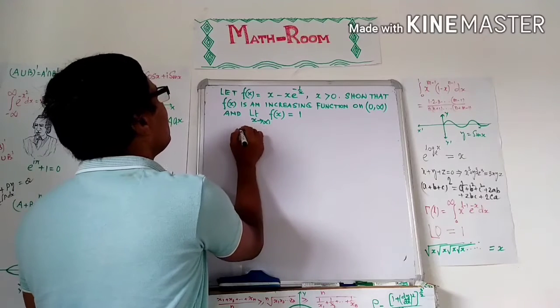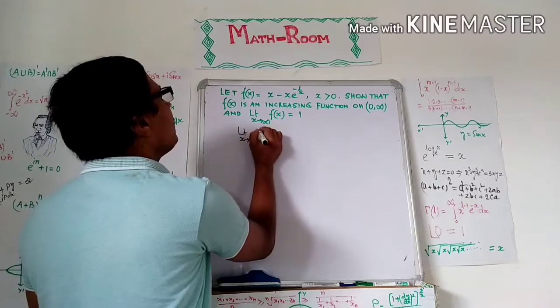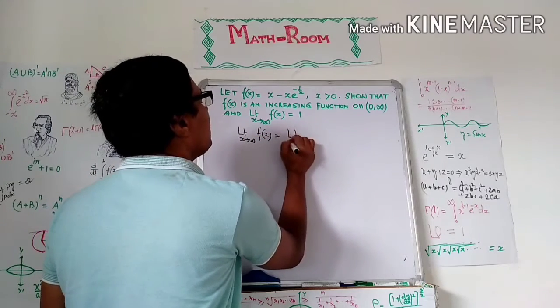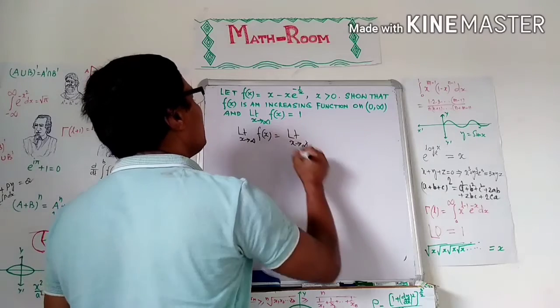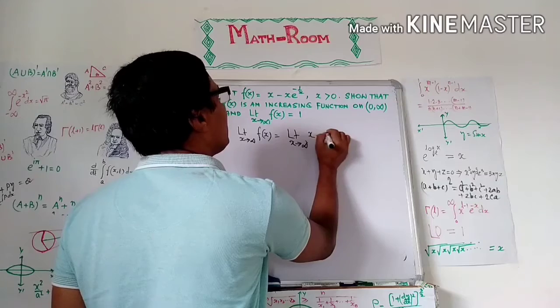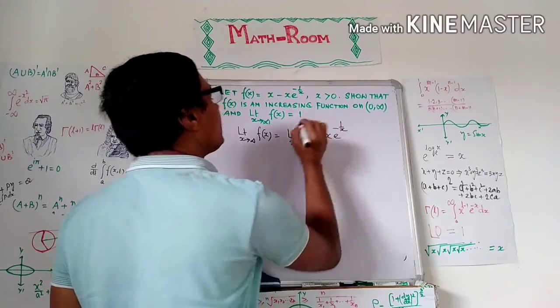So, we write the limit as x tends to infinity of f(x) equal to the limit as x tends to infinity of x into (x minus x e to the power minus 1 over x).